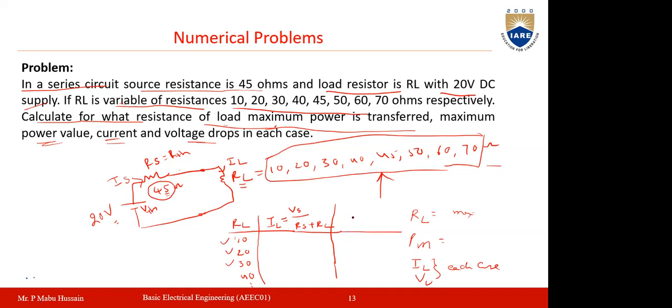Once you know IL, you can find VL easily: VL is simply IL into RL. Once you know VL as well as IL, power P is equal to VL into IL. So for all the resistances, you can find the current, the voltage drop and the power.